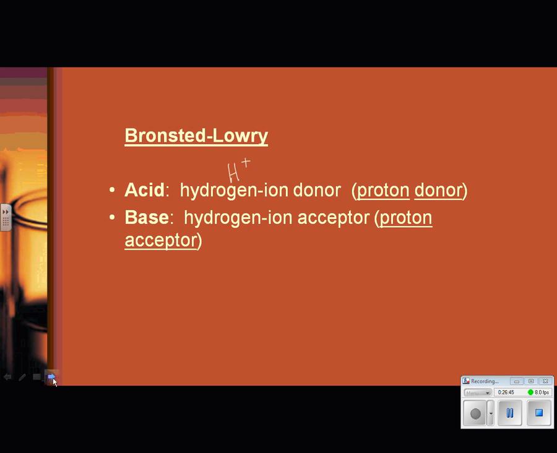So if we have the equation of NH3 plus H2O, the NH3 becomes NH4, which means it gained a hydrogen ion. Since it gained a hydrogen ion, that makes NH3 the base. Now the H2O, when it went to the other side, became just OH minus, which means it lost a hydrogen, so it's the hydrogen ion donor.